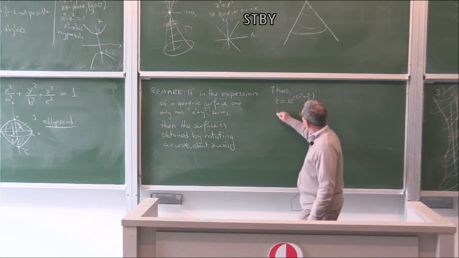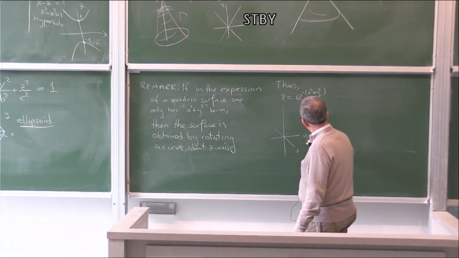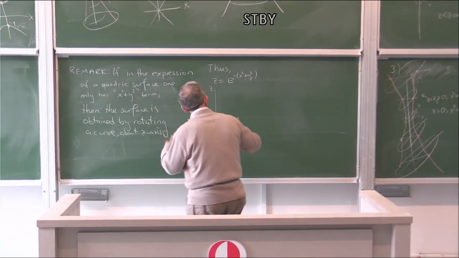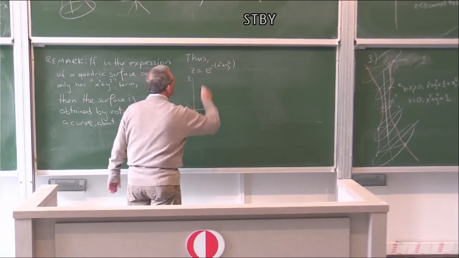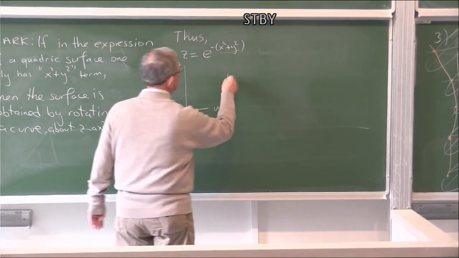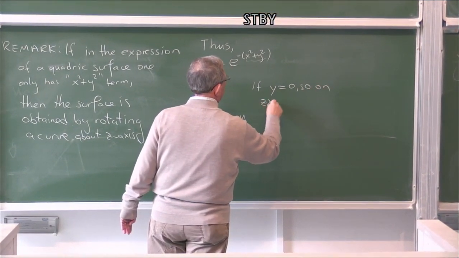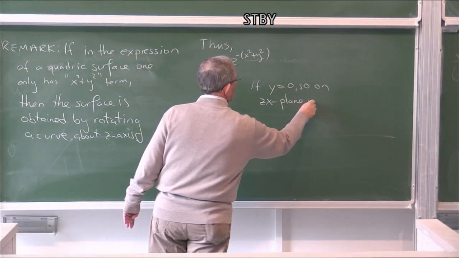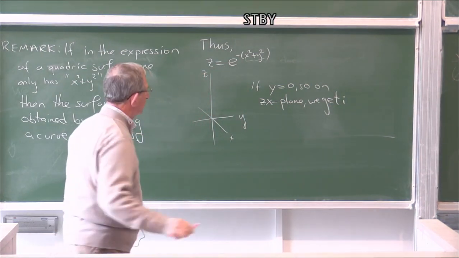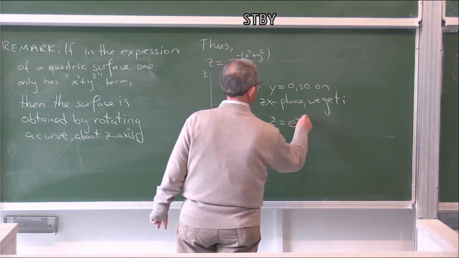So let us look at what we have for y equal to 0. On the zx plane, we get precisely this: z is e to the minus x squared.